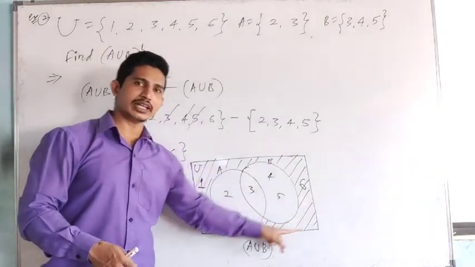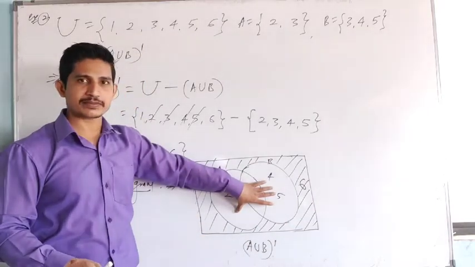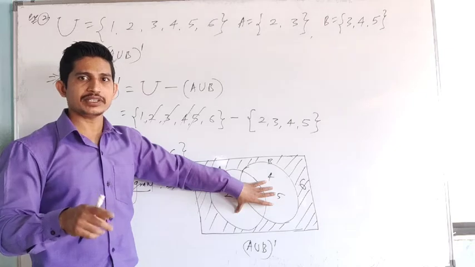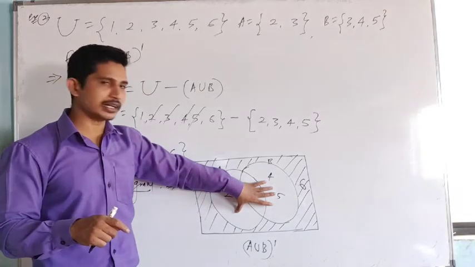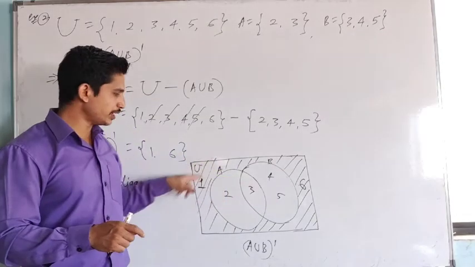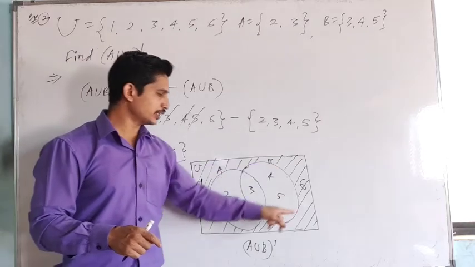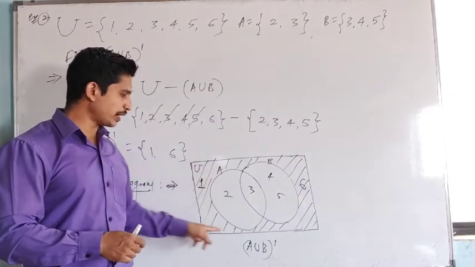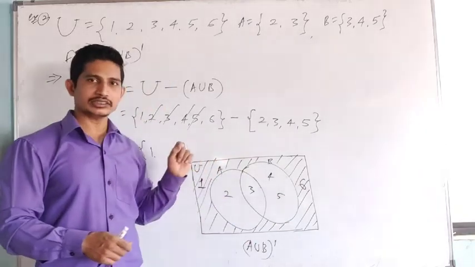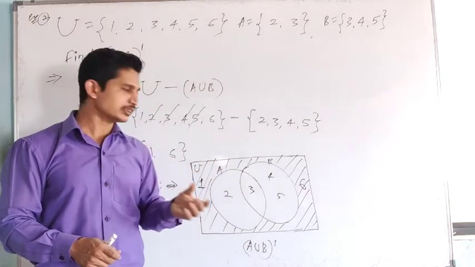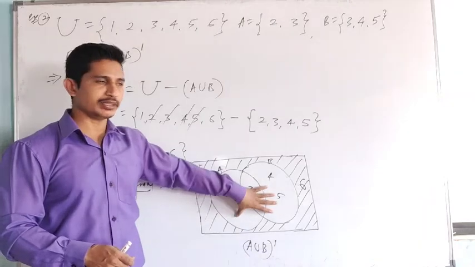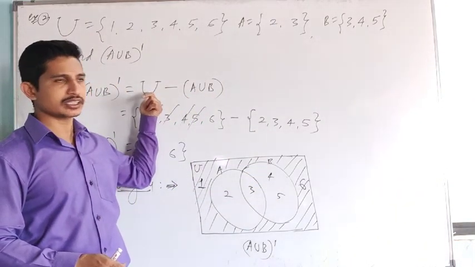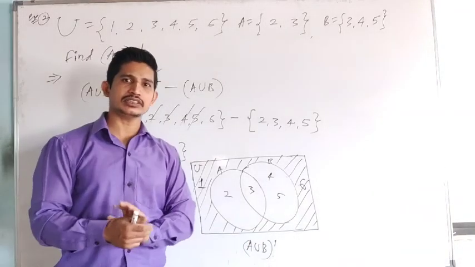From this universal set, subtract A union B, meaning leave the part of A union B. The remaining part is (A union B) dash. Whatever part is remaining is (A union B) dash, meaning leaving the part of A union B from the universal set.